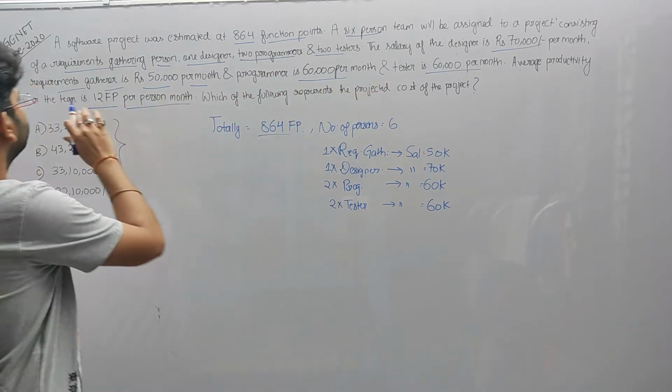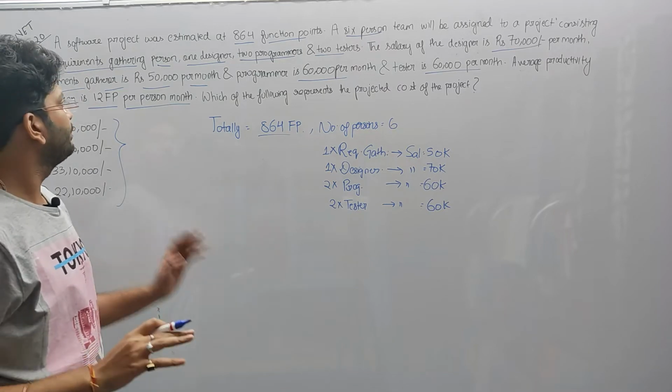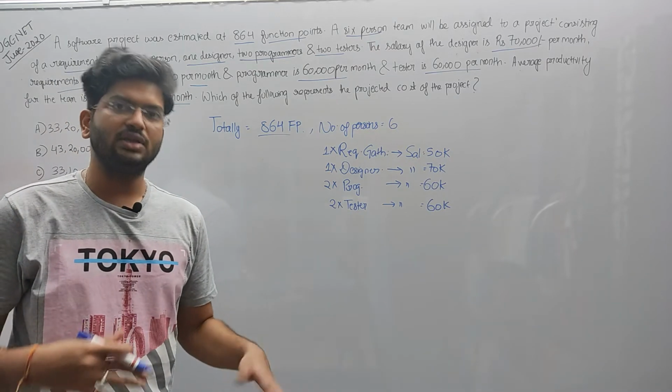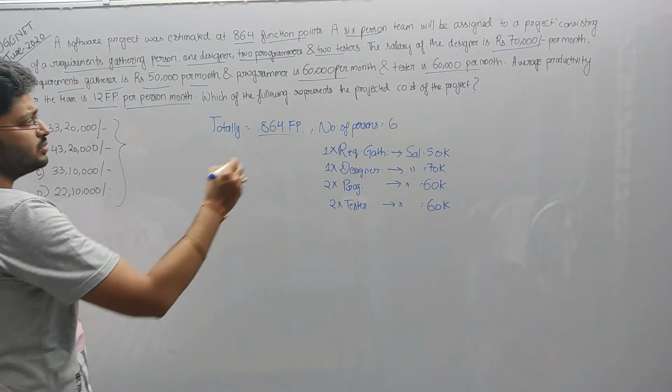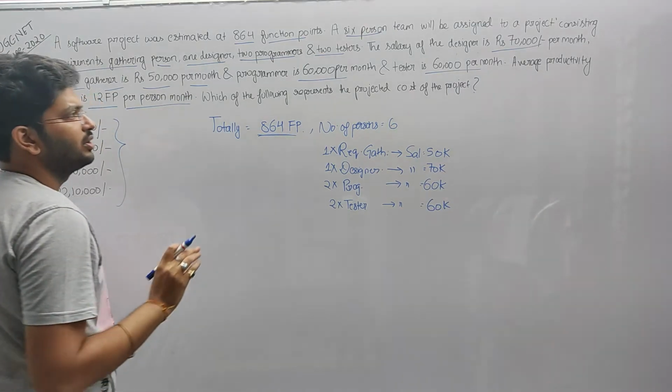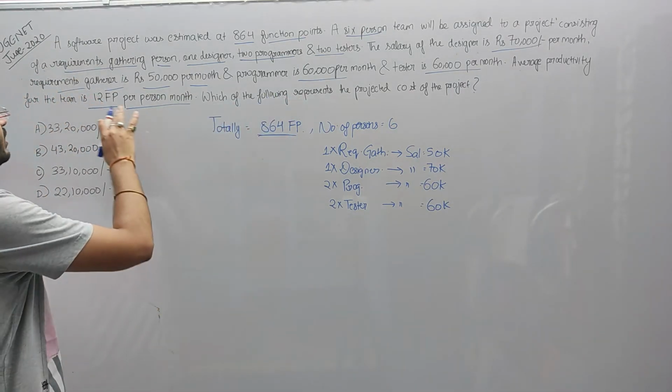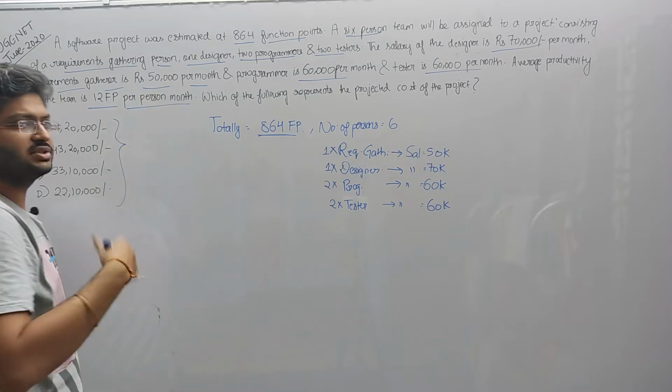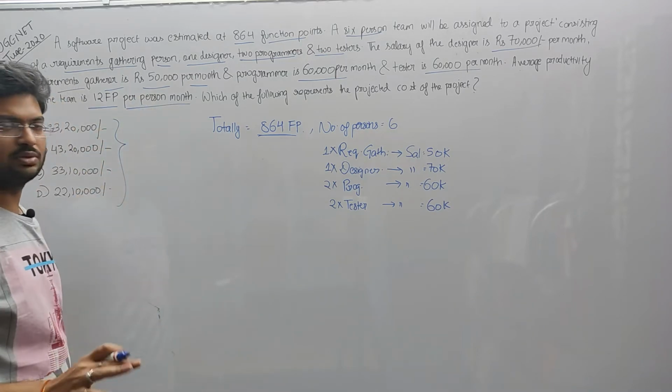Okay, now we have totally 864 function points. Average productivity of the team is 12 function points per person month, means by a single person in a single month. So a single person in a single month can build 12 function points.